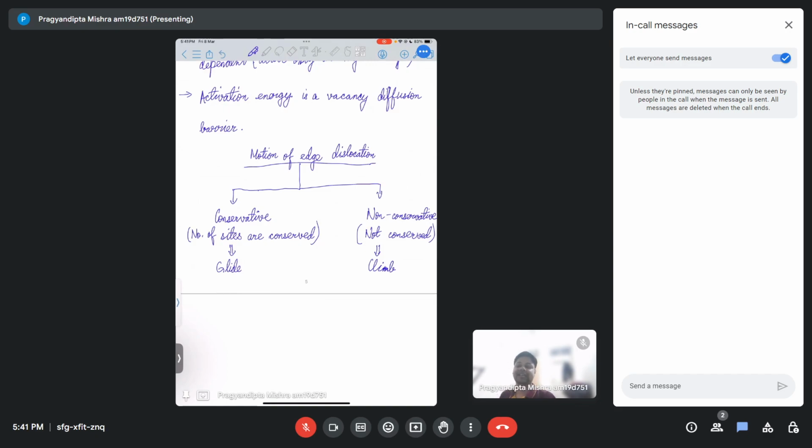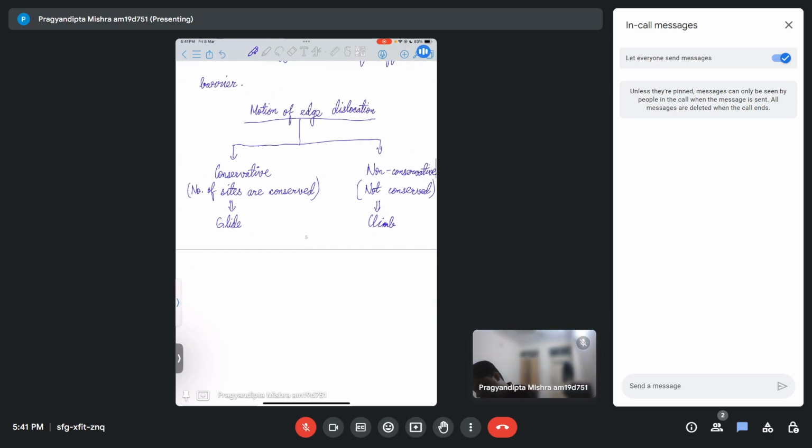There are two major things you have to keep in mind when we are talking about dislocation motion. Let me write it down.